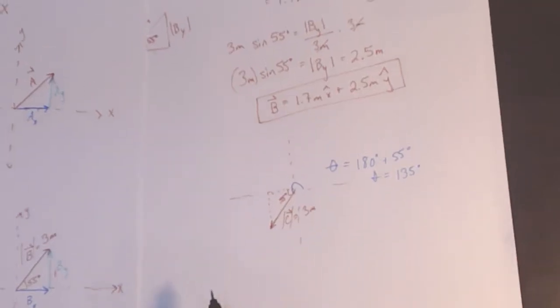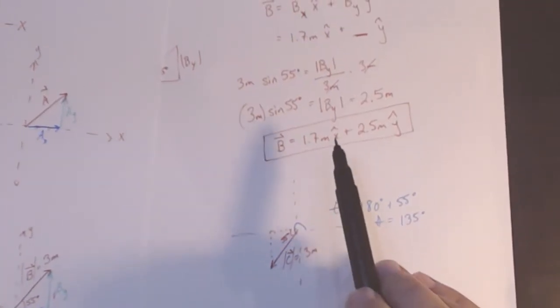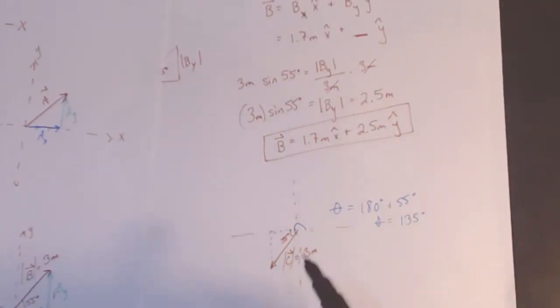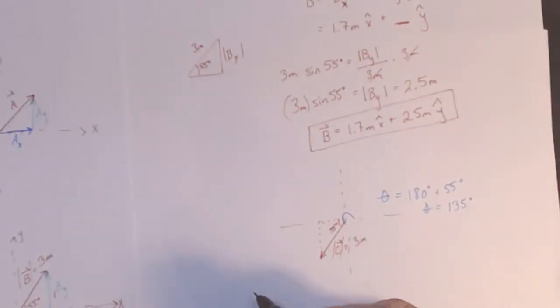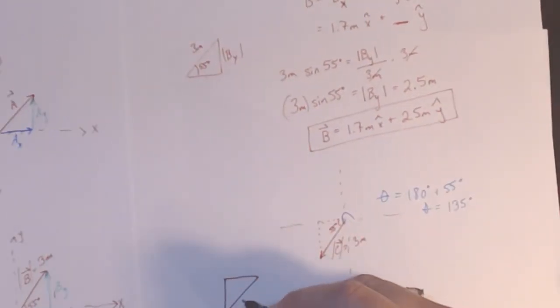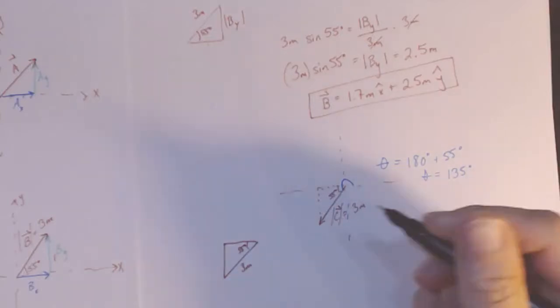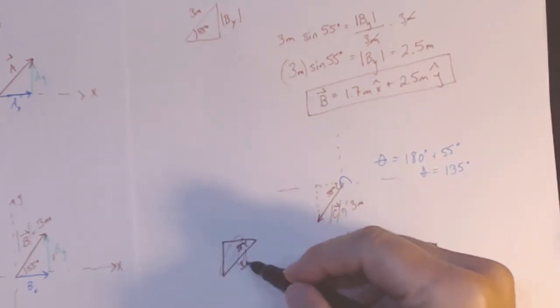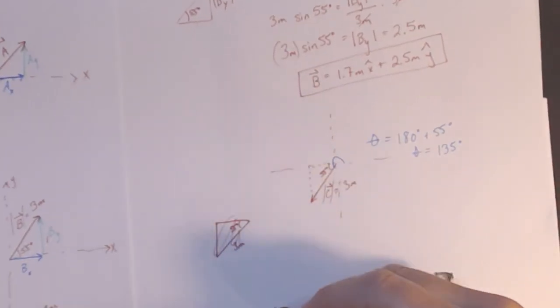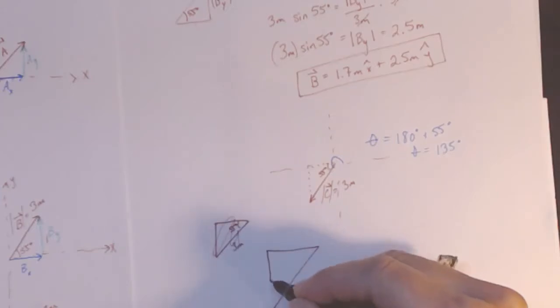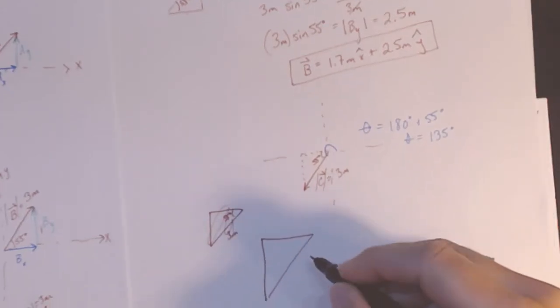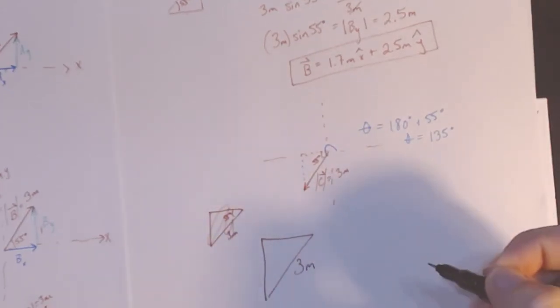So the side lengths as positive values will be the same here. We still have, if we redraw our triangle the way I did previously, 3 meters, and then let me draw it bigger so you can see that better. 3 meters.